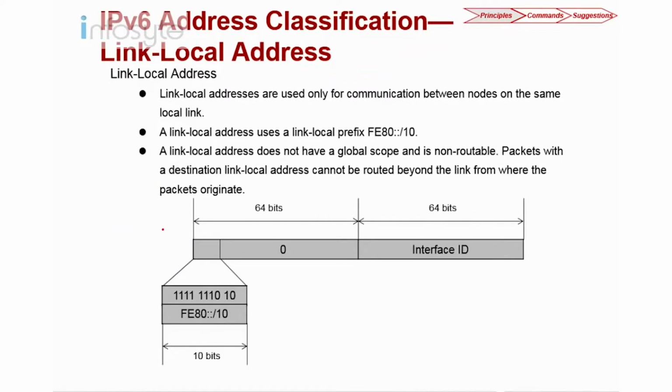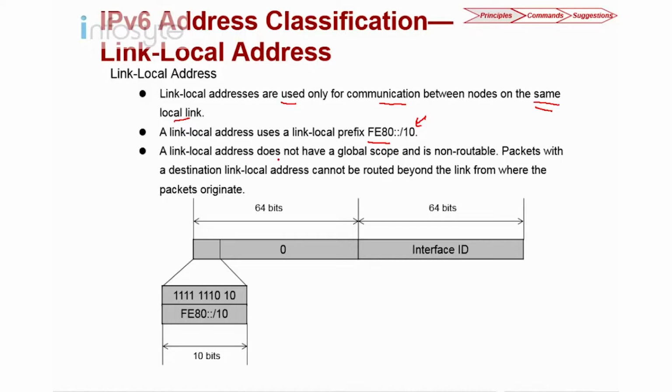Next, we have the link local address. Link local addresses are used only for communication between nodes on the same link, which means we are in the same network. You can easily identify the link local by looking at the address. It always starts with FE80, and it is actually 10 bits for the prefix.